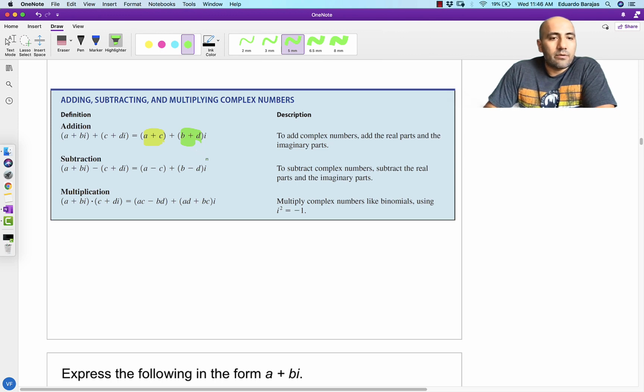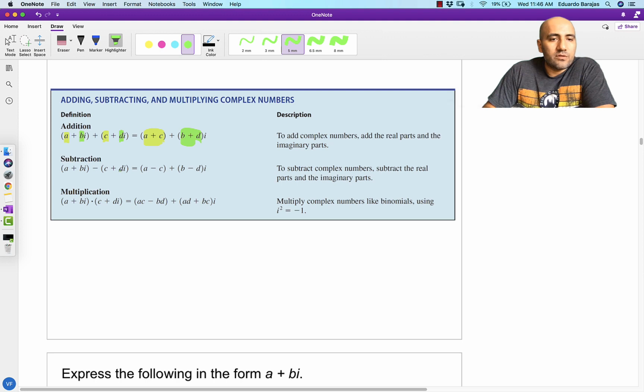We got it by adding the two real parts together and adding the two imaginary parts together. Good.